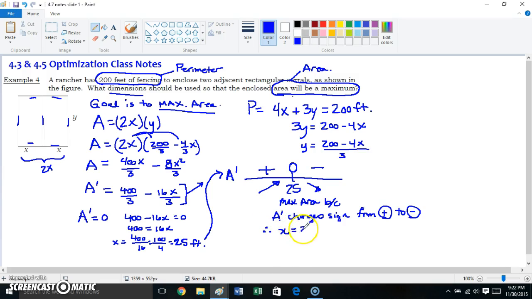Therefore, x equals 25, and y equals 200 minus 100, or 100 over 3. So x equals 25 feet and y equals 100 over 3 feet, 33 1/3 feet, will produce a maximum.